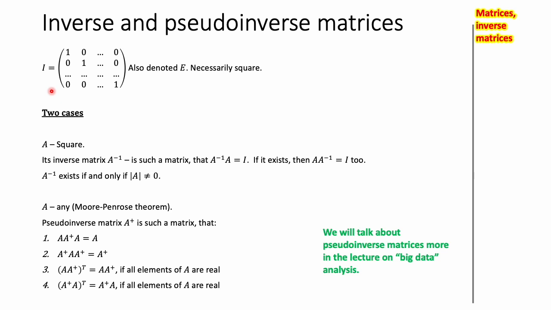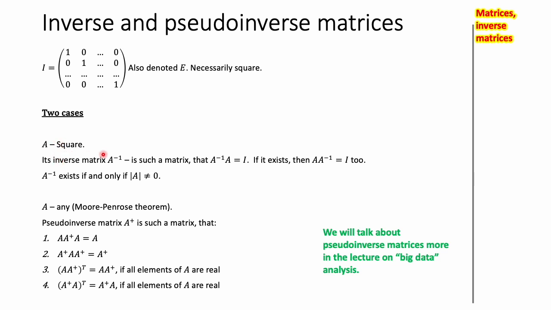So let's examine two cases. Case number one is if there is a square matrix A, then it may have an inverse matrix. And if it has one, then the inverse matrix is uniquely defined. What is the inverse matrix in this case?